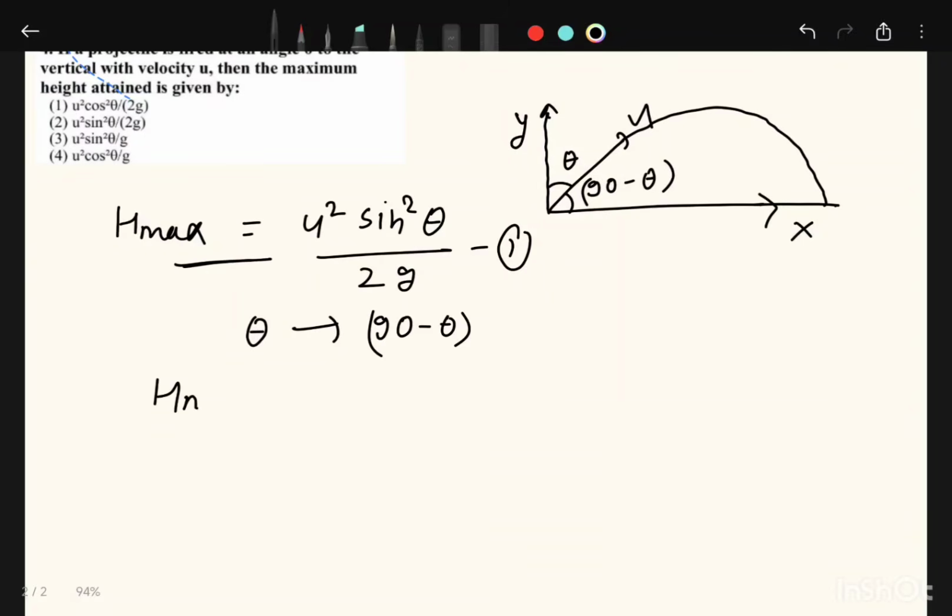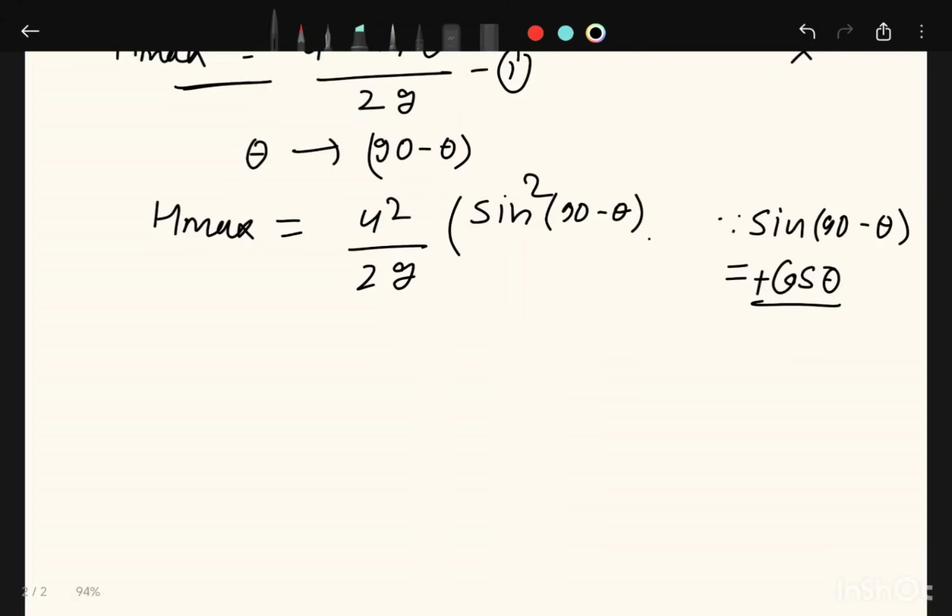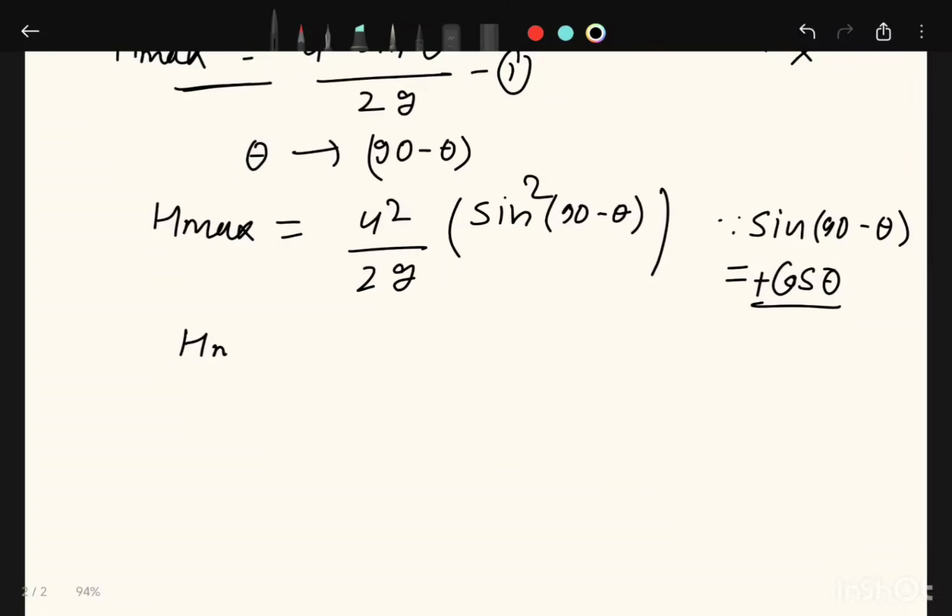Then what will your H max formula become? U square will remain same, 2g will also remain same. In sine theta, you place 90 minus theta and its square is already there. So we know sine 90 minus theta is equal to cos theta, and that is positive in first quadrant, right? So your H max formula now will become u square cos square theta by 2g.